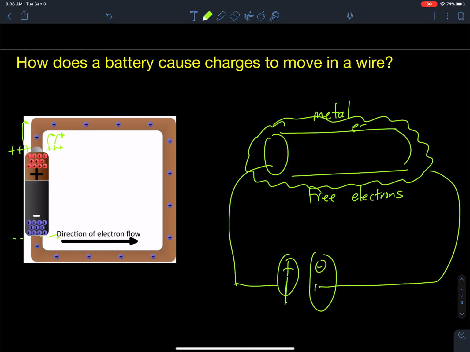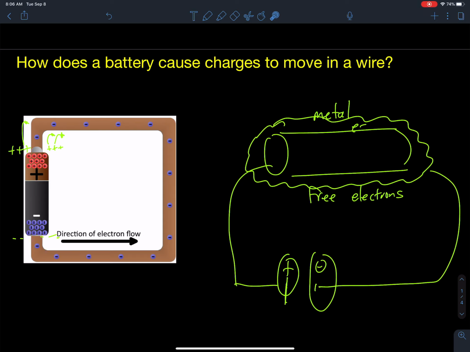If I connect a battery to that metal, that electron cloud is going to move. So the negative charge of the electron cloud is going to be moving towards the positive side. So I would start to see that electron cloud move. And this side of the metal would then become positive, so the electrons on this side would move. So the potential difference that the battery has once it's connected can create an electric field in the entire metal that causes these electron clouds to move.